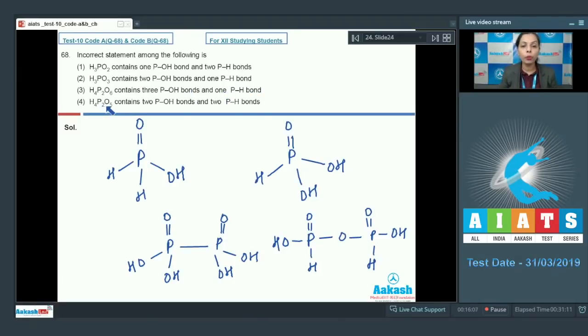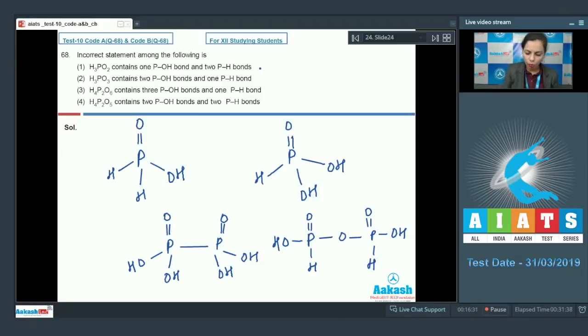And further, H4P2O5 contains 2 POH bonds and 2 PH bonds. It means you need to just have a look at the structures of oxo acids of phosphorus. So in this case, I have the structures for you. H3PO2, I have the structure. In this case, 1 POH bond, you can clearly see this is 1 POH bond and 2 PH bonds.